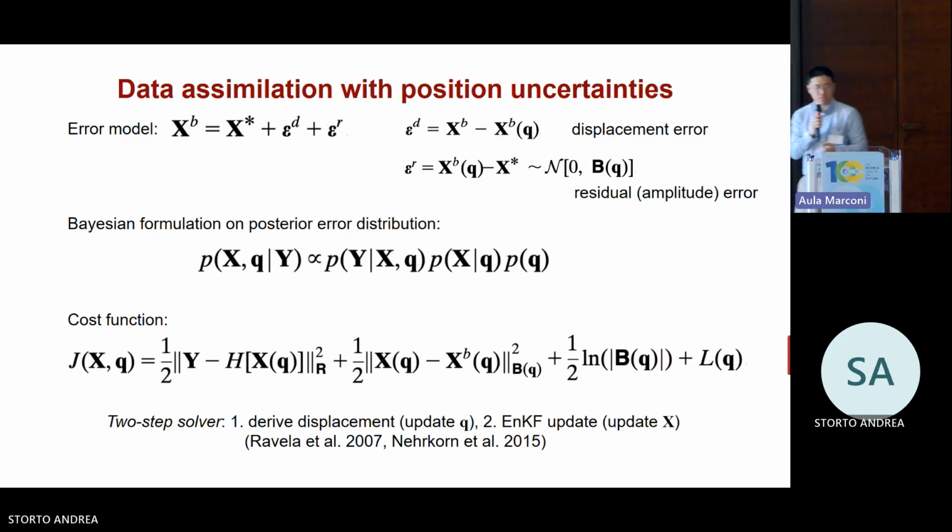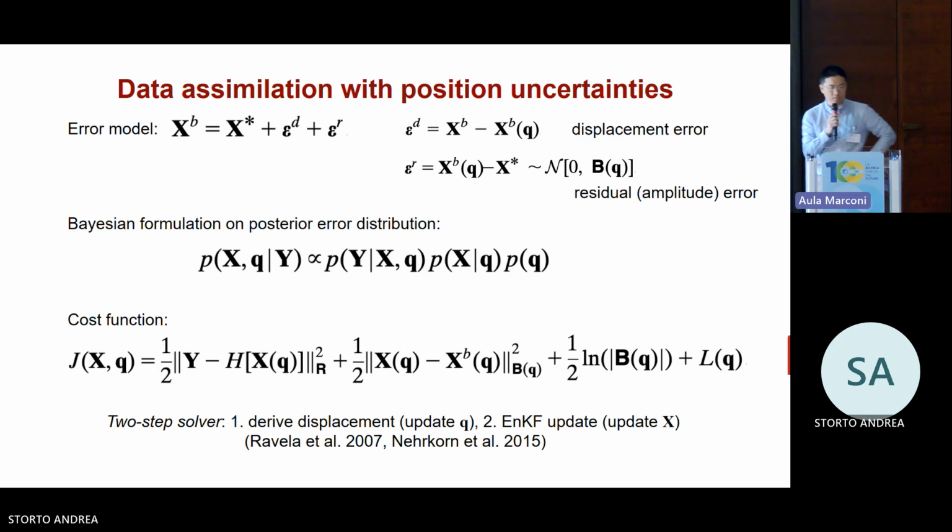In data assimilation, we try to model our error. First, if the error is normal, we can just say the state x^b equals x^*, which is the truth, plus the error. But with this nonlinear error, we separate the error into two terms: one is amplitude, one is phase.